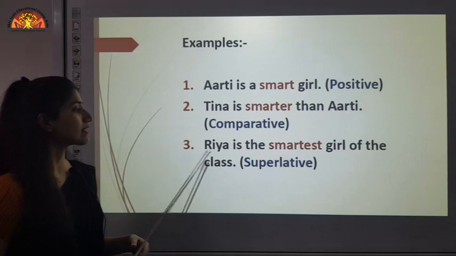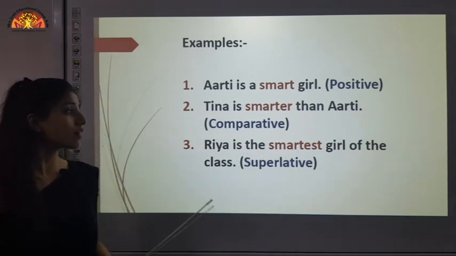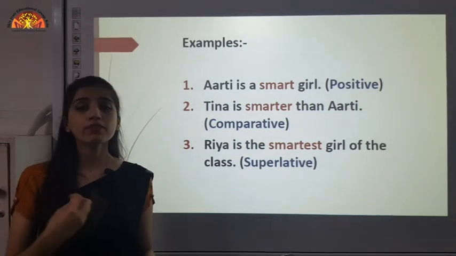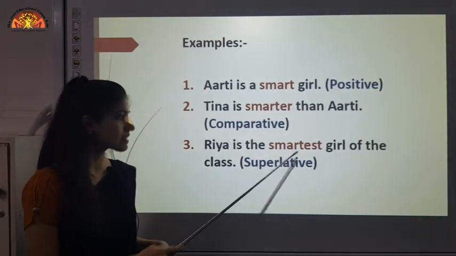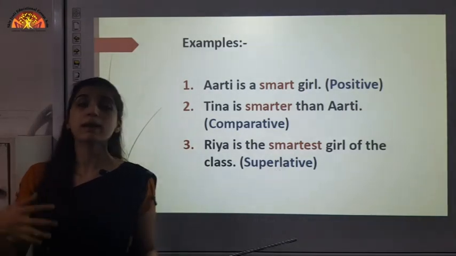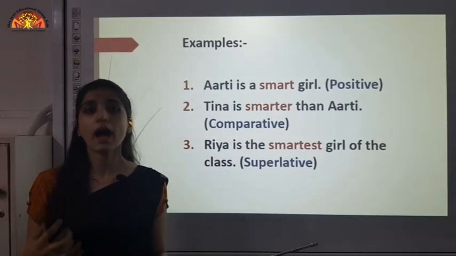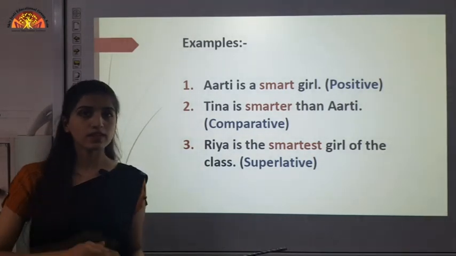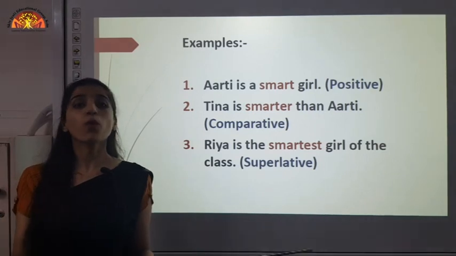But in the third sentence, Riya is the smartest girl of the class. Here I am comparing Riya with all the students of the class. So, the word smartest is the superlative degree because I am comparing with more than two nouns or pronouns. We are not comparing between two, we are comparing the whole class.